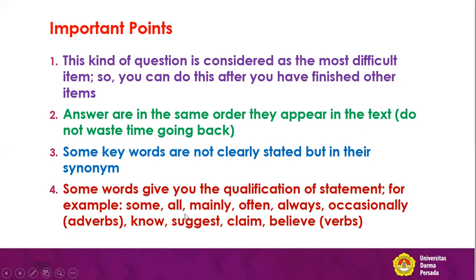When you find these kinds of words, this gives you a clue that you will find some specific information. You will say in your mind, oh, this must be specific information. So keep that in your mind.